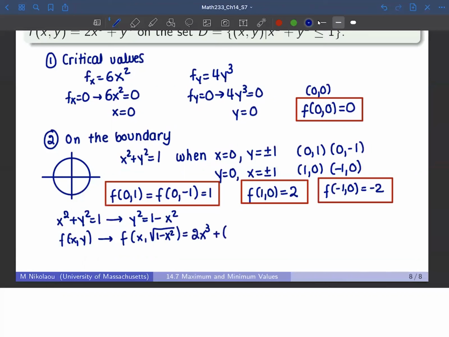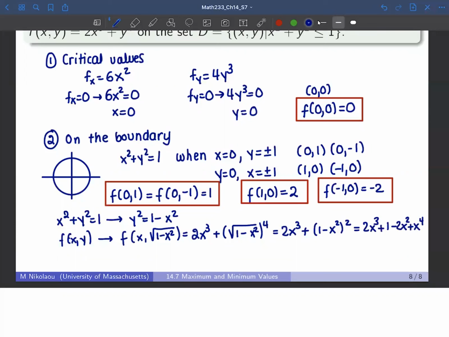Essentially we have 1 minus x squared, all to the square. So that gives us 2x to the third plus 1 minus 2x squared plus x to the fourth.